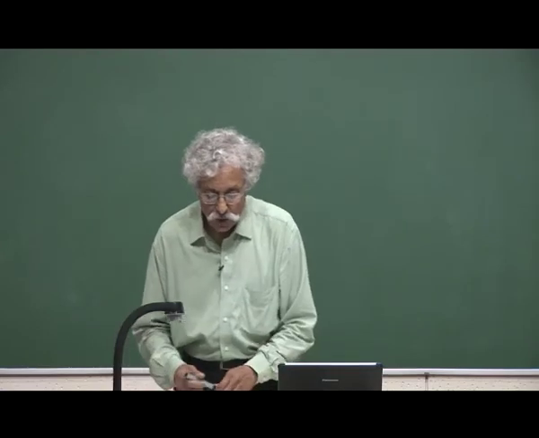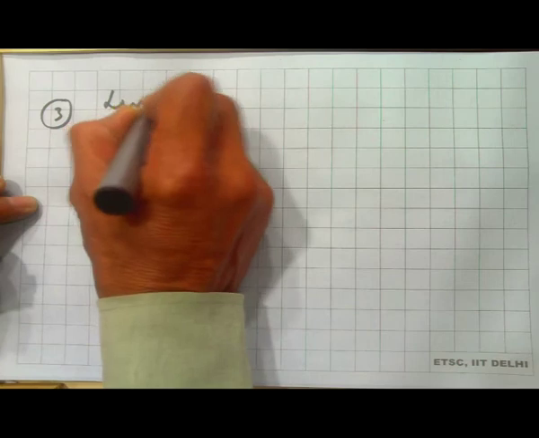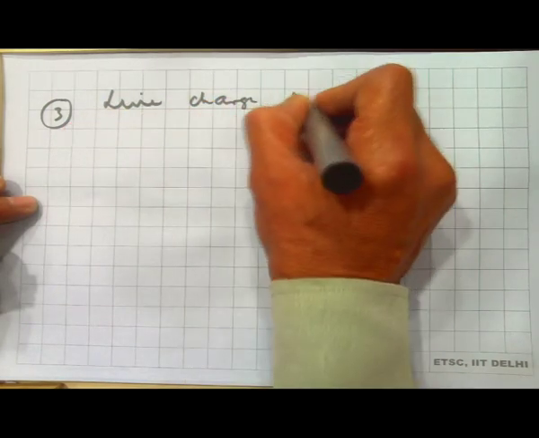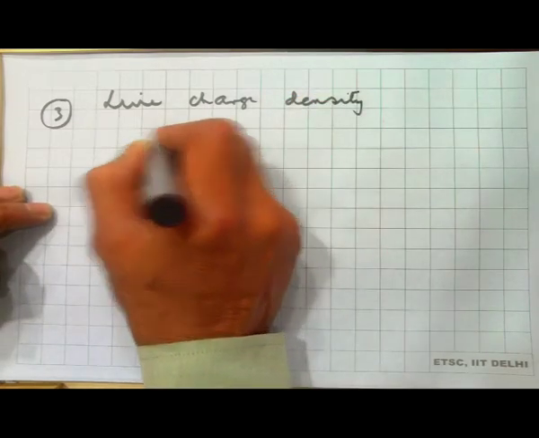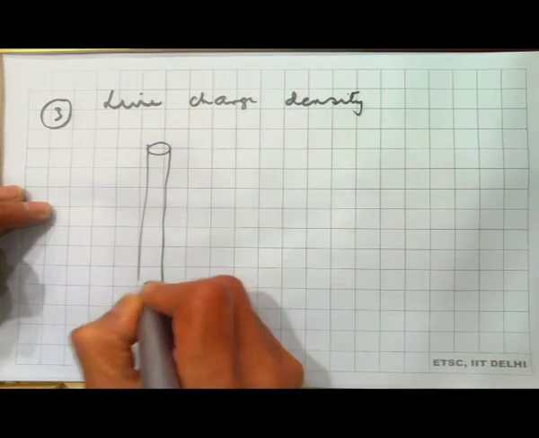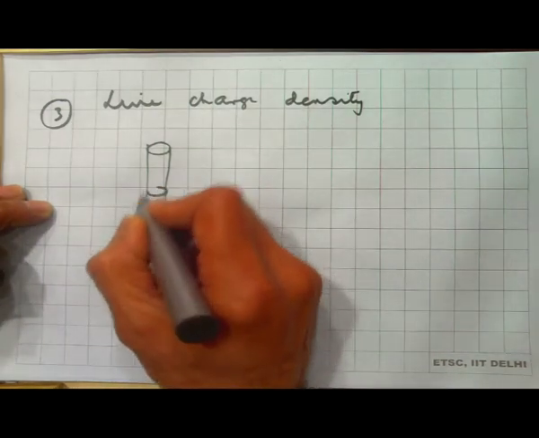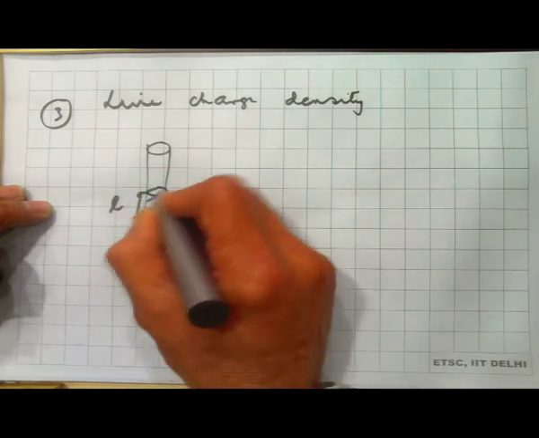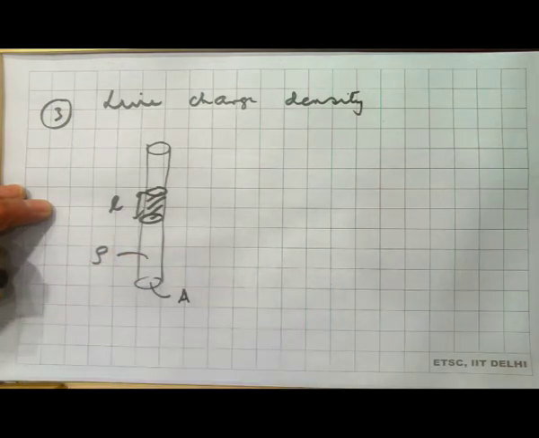I can similarly define a line charge density by considering the following. So, I take a cylinder of cross sectional area A, and in this cylinder I take a length L, and let me assume again I have a volume charge density rho.